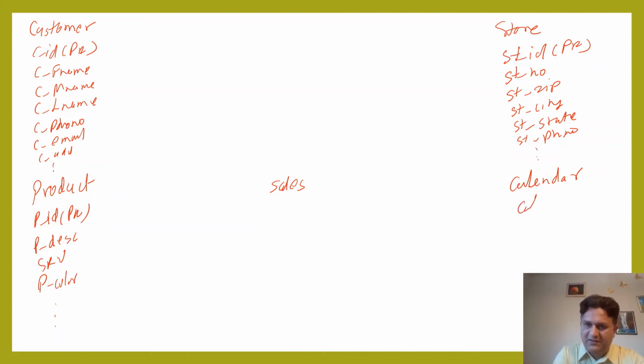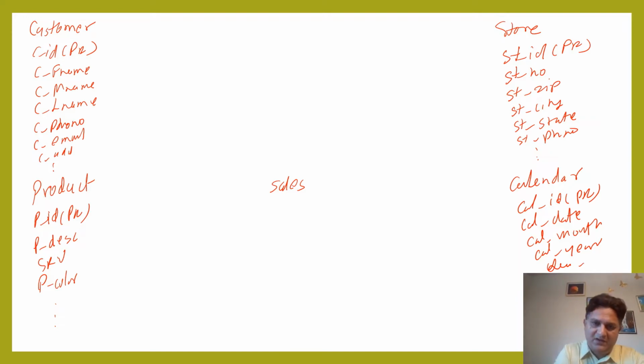In the same way, calendar: we have calendar ID, primary key, calendar date, calendar month, calendar year, quarter, quarter 1, quarter 2, quarter 3, right? Now coming to sales.